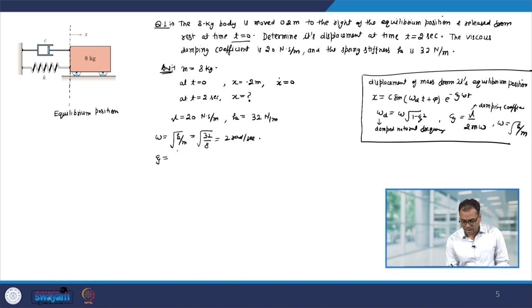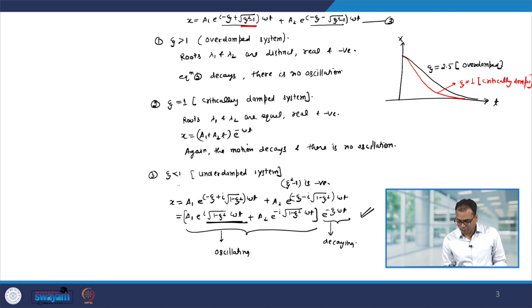Zeta is gamma over 2 m omega. Gamma is given, m is also given, and omega we have calculated, it is 2. So, that comes out to be 0.625. Since zeta is less than 1, the system is underdamped.